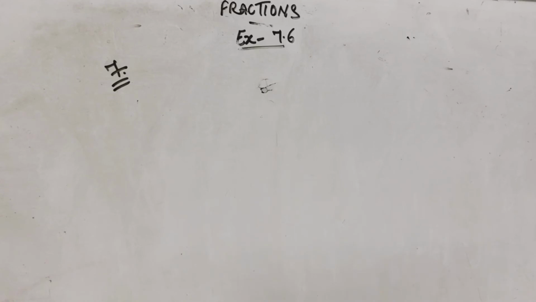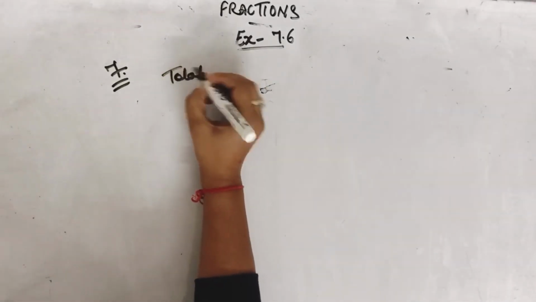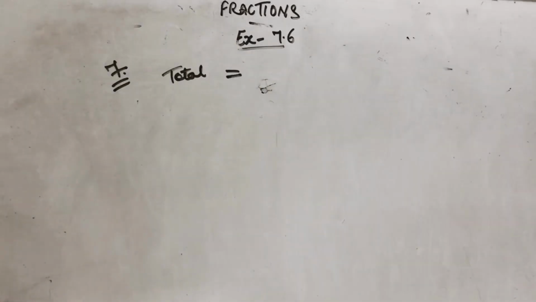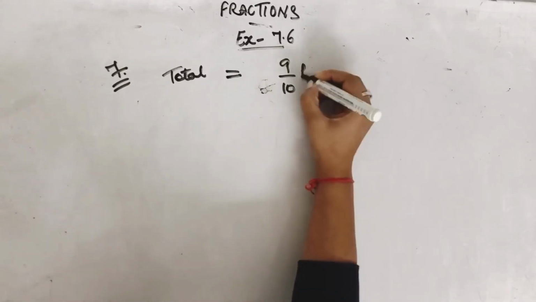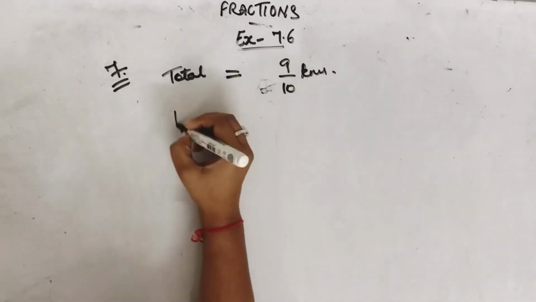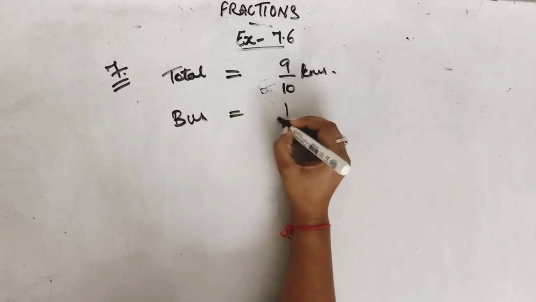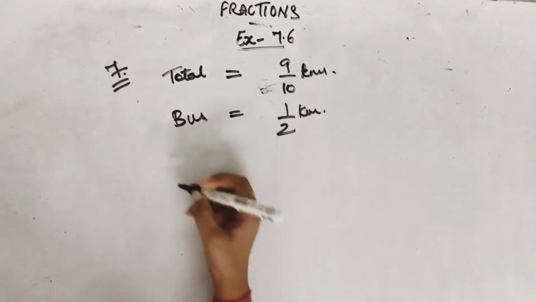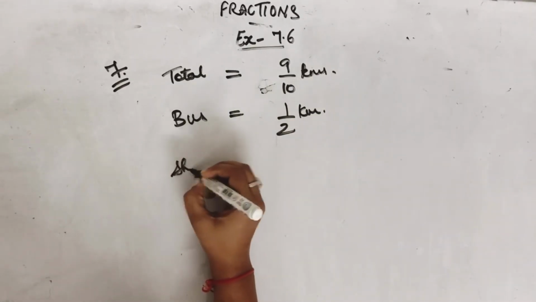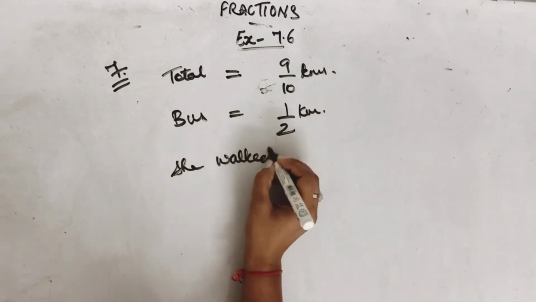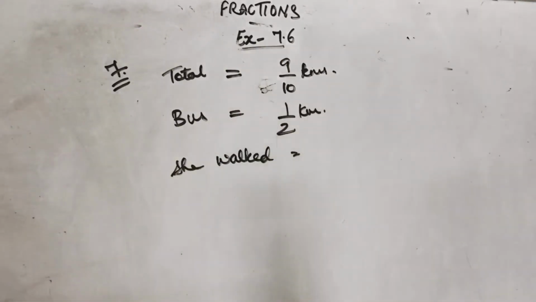Nandini's house is 9 by 10 kilometers from her school. She walked some distance and then took a bus for half kilometer. How far did she walk? The total distance between her house and the school is 9 by 10 kilometers. The distance covered by the bus is 1 by 2 kilometer and the distance she walked will be, total में से will subtract the distance covered by the bus.